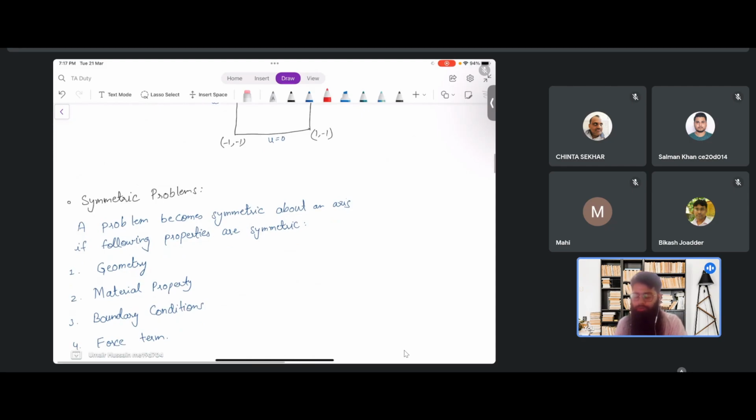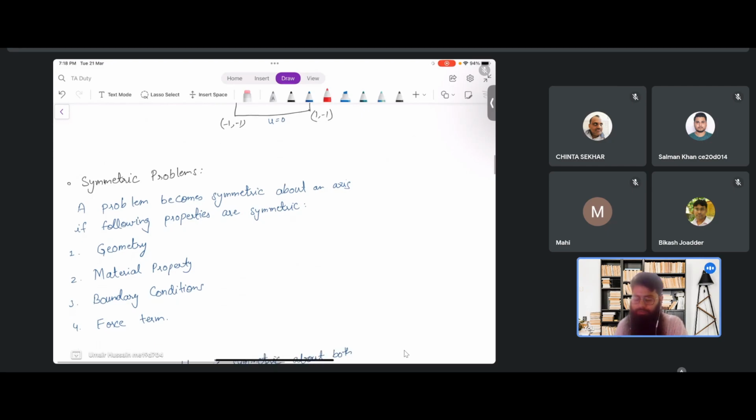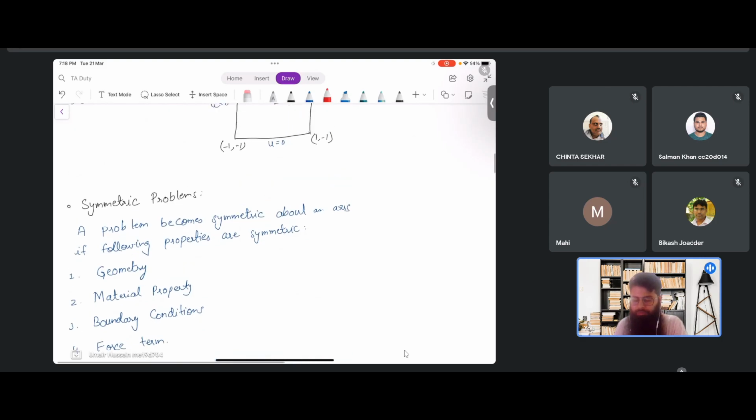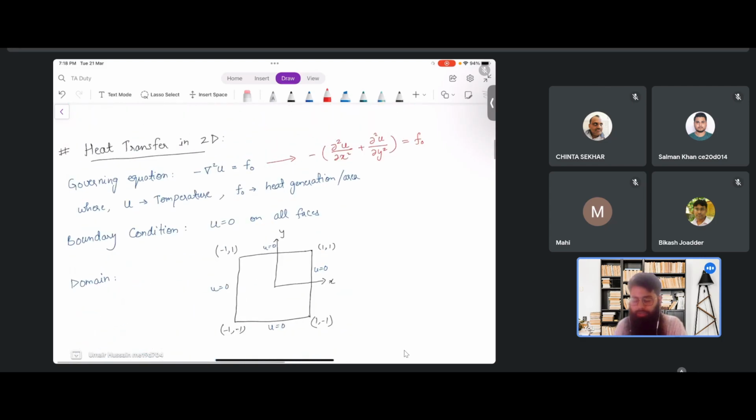Material should also be symmetric about that axis to behave symmetrically, otherwise our equation would be different for one area and different for the other. The next thing is the boundary condition should be the same. And lastly, the force distribution should also be the same. Force distribution here means the F naught term for this equation.